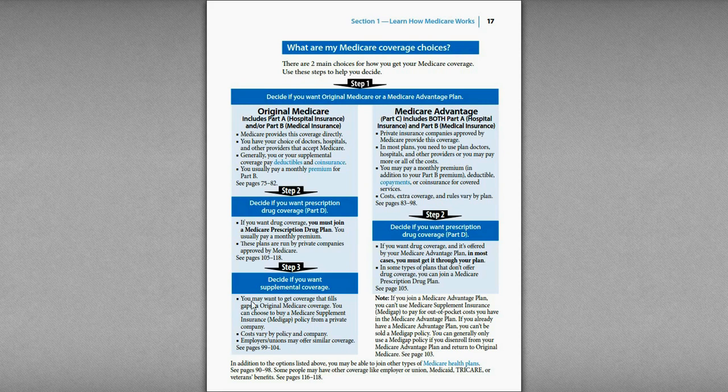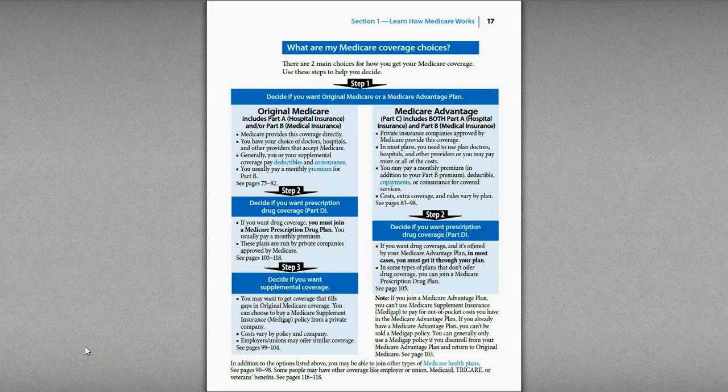And some of those plans have been changed or omitted over the years, so you can't buy a Plan J, for example, any longer. Some of them have been omitted. And I'm going to show you the chart here in a moment. These plans were developed to cover X amount of percentages based on what Medicare pays and doesn't pay.